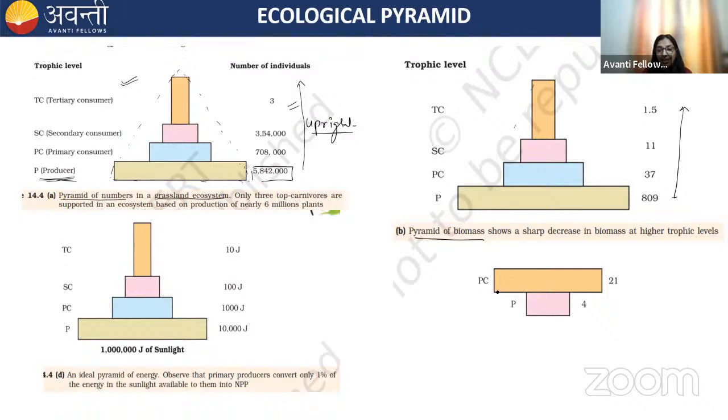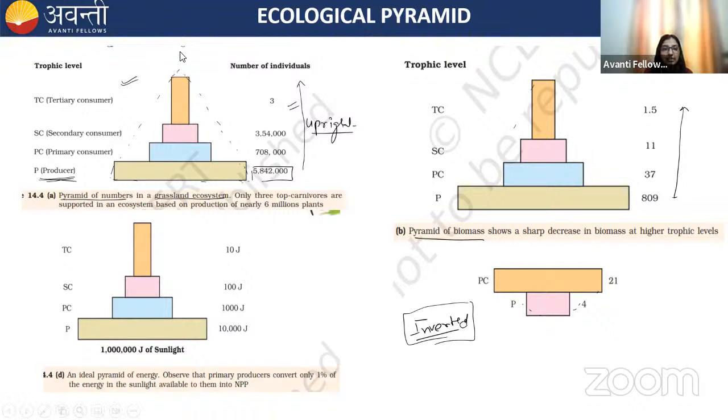But the pyramid of biomass in the aquatic ecosystem is inverted, because the phytoplanktons are microscopic, very small in size. So the biomass of the phytoplanktons is less as compared to the biomass of the zooplanktons, which are feeding on the phytoplanktons. So the pyramid of biomass in the aquatic ecosystem is inverted.